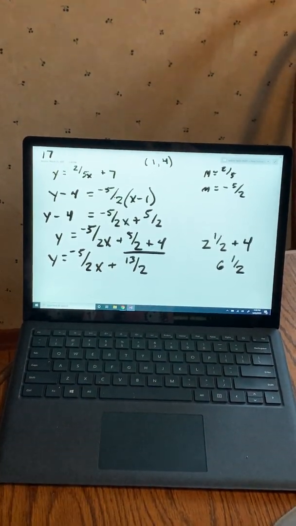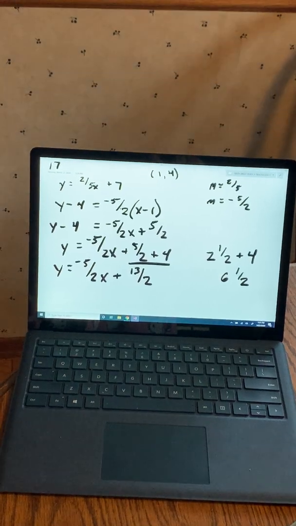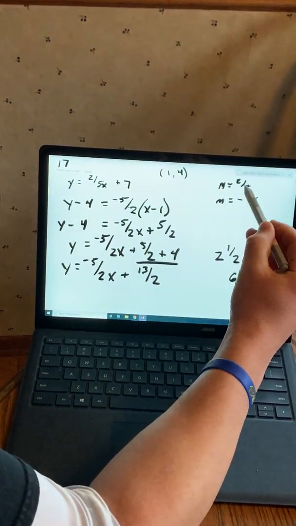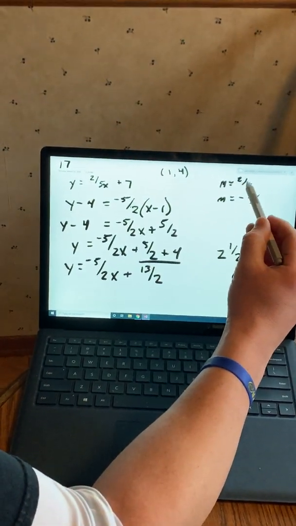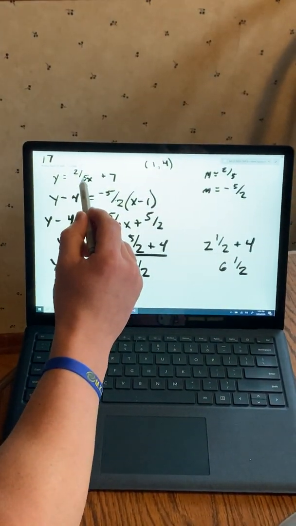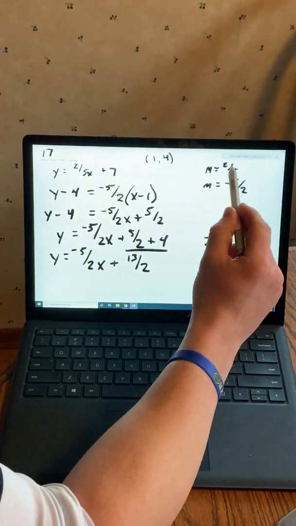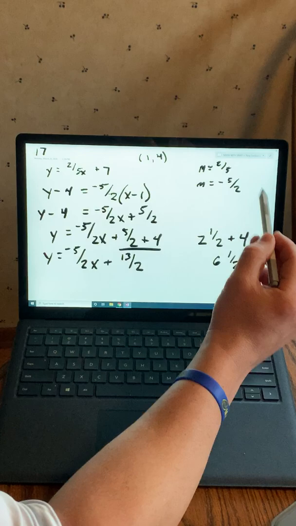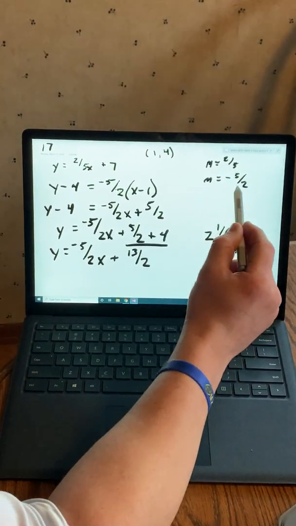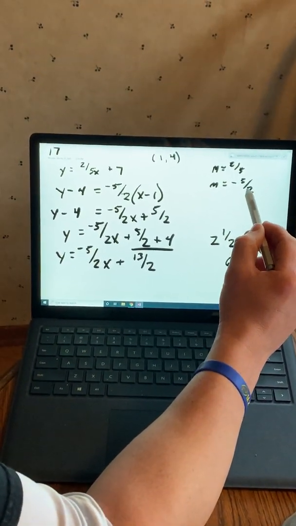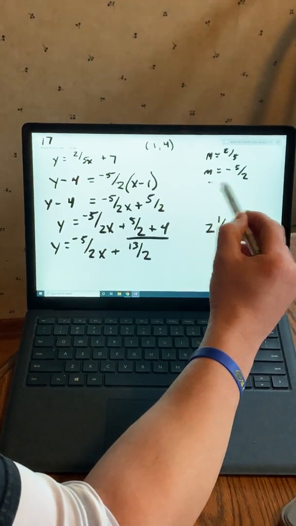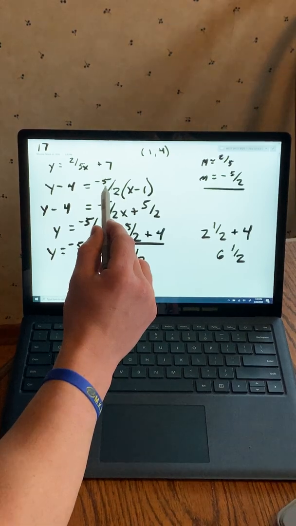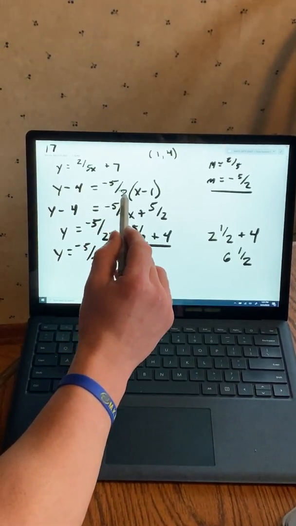The big thing in this is when they tell you to make a perpendicular line, the rule is take the original slope, which they gave you, which was 2/5. You need to flip that and make it opposite, which is considered the opposite reciprocal. That's how you get a line that is perpendicular. So our new slope is very important: the opposite reciprocal, -5/2.